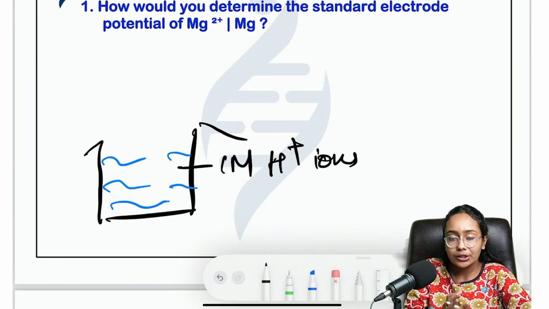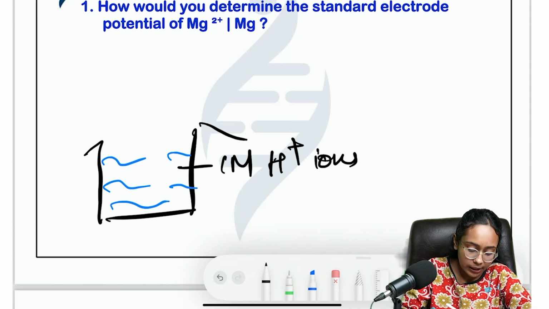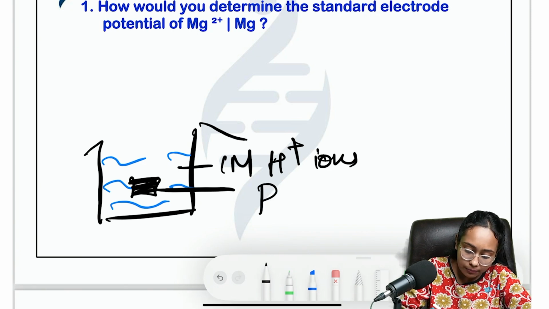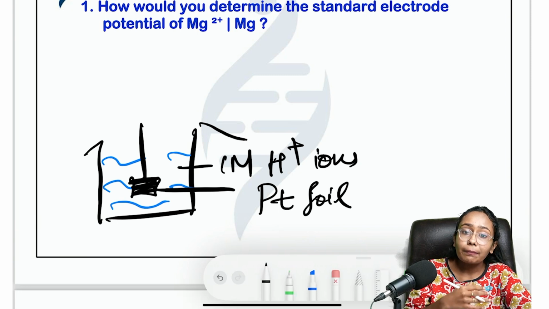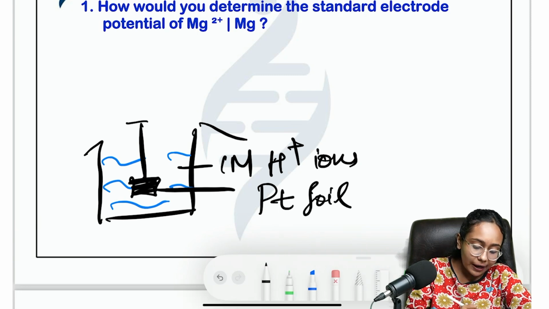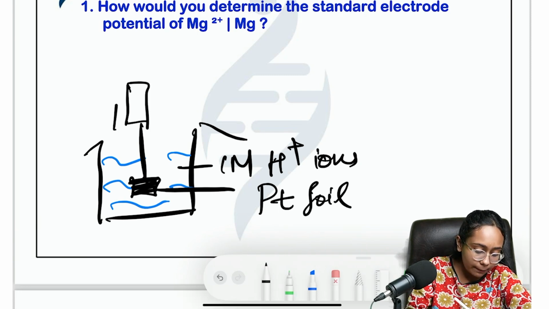You can use any solution having 1 molar H+ ions. In this, I'm using a platinum foil, a platinum electrode coated in platinum black.